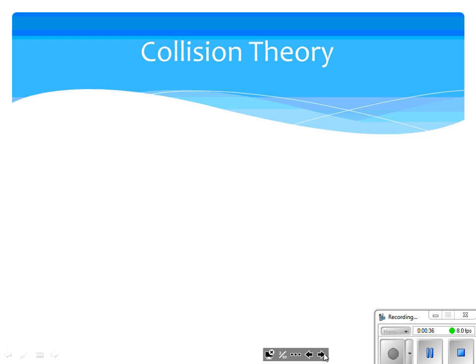Now, we discussed the collision theory a little bit when we were talking about solutions, and what would help things dissolve. Specifically, what helps a solute dissolve a little bit faster? Well, we talked about collisions. How can we make more collisions?